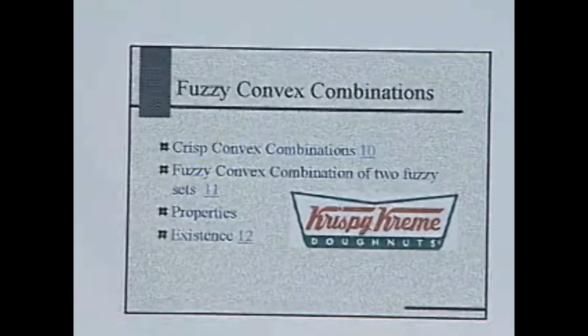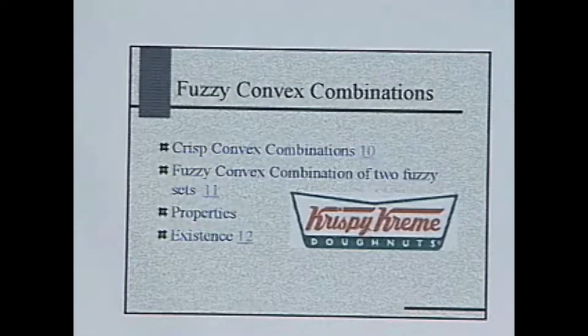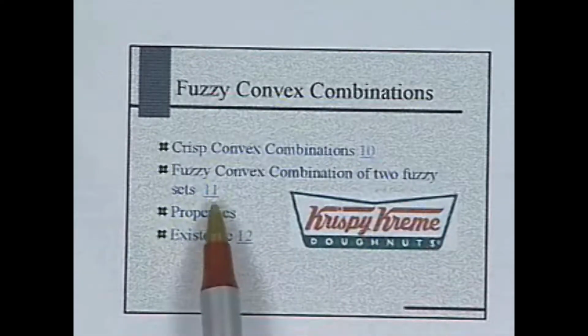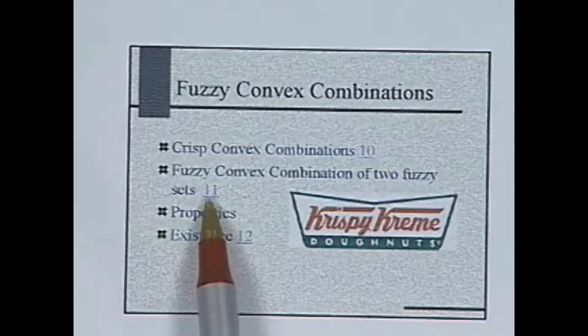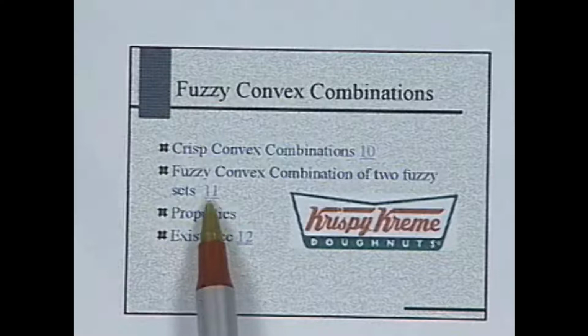So we talked about convex sets last time and convex combinations. I definitely need a pointer because my finger looks like a whale up there. We talked about how we would take two convex sets and, using a third convex set, perform a combination of two fuzzy sets. We found that the fuzzy combination lies between the maximum and the minimum.